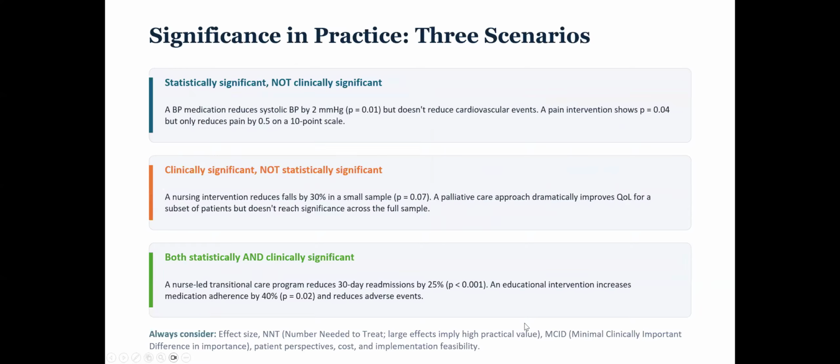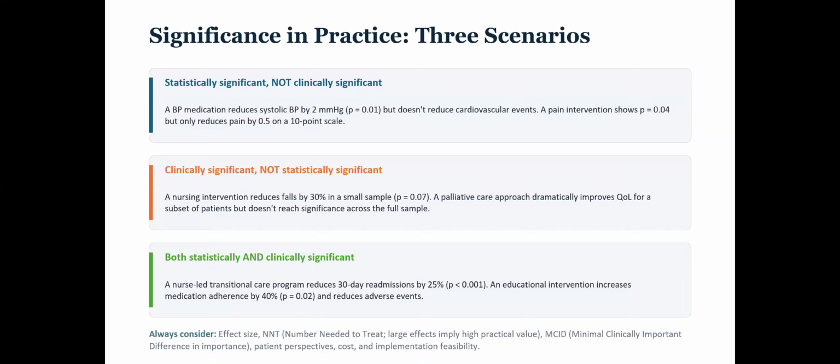Sometimes it's clinically significant but not statistically significant, or statistically significant but not clinically, or both. Again, you'll get a copy of this, but it's just highlighting that they are independent, particularly around small samples.